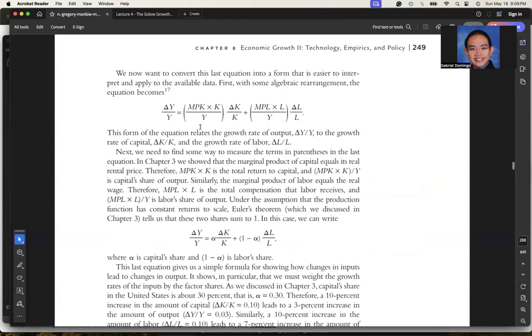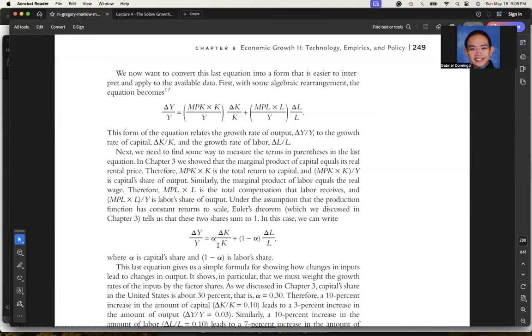And MPK times K over Y is the share of the real wage of capital. By the real wage of capital, I mean the real rental of capital. The share of that in GDP. And here is the share of the real wage of labor with respect to GDP. And that's going to be either alpha or 1 minus alpha. So in this case, alpha is the share of capital.